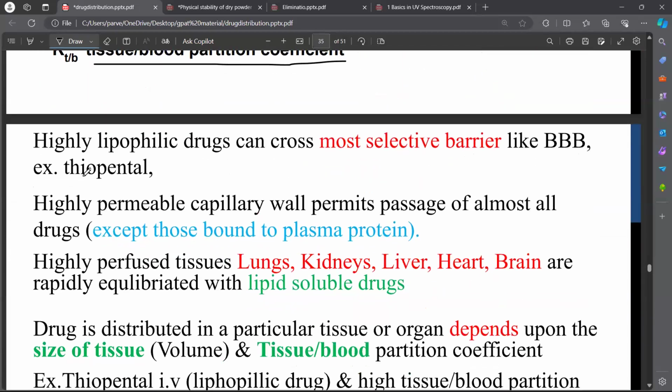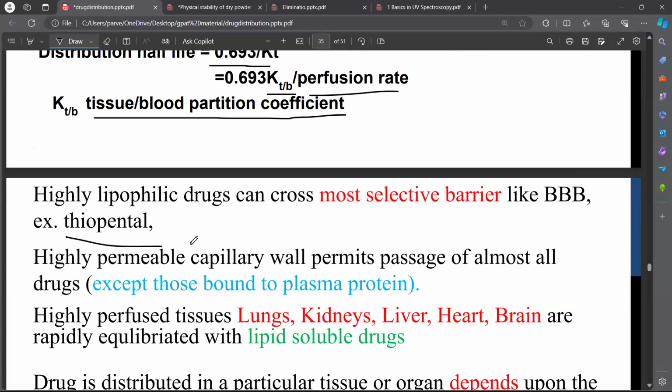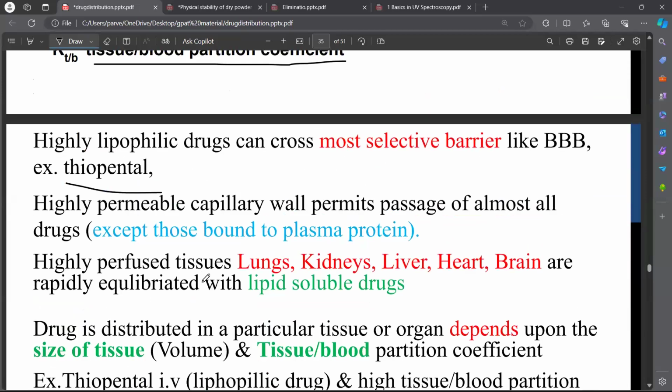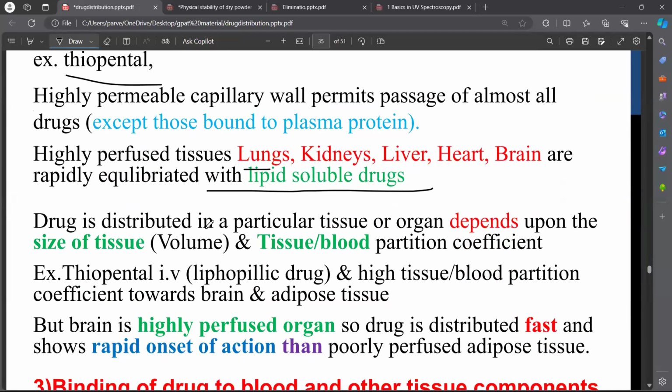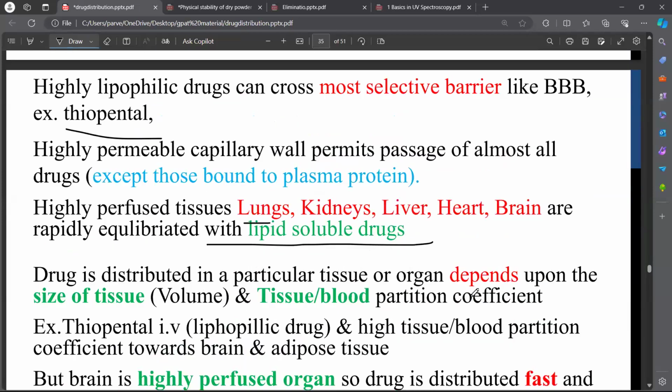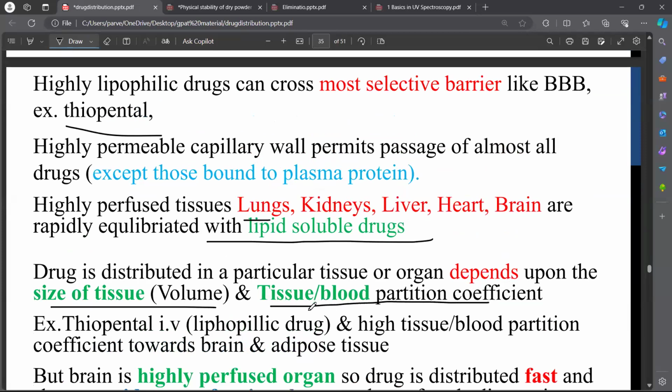As I mentioned, that's why thiopental also has a high Vd. Let me further talk about the concept of Vd. Highly permeable capillary walls permit the passage of almost all drugs. Highly perfused tissues like lungs, kidney, liver, heart and brain rapidly equilibrate with lipid soluble drugs because they do not have any barrier to permeation. Drug distribution in a particular tissue depends upon the size of the tissue and the tissue blood partition coefficient.